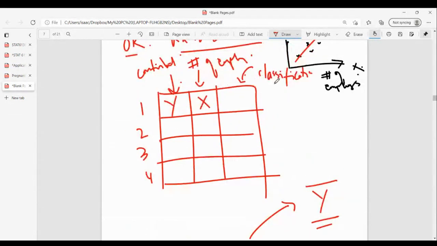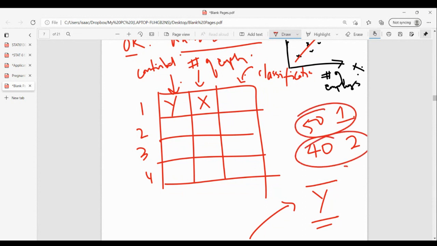Another way is when you choose these 200, you could break them up into different classifications. So you go through all and you say, okay, we have 50 that belong to classification 1. You have 40 that belong to classification 2. And then you do the ratio estimation within each of these groups.